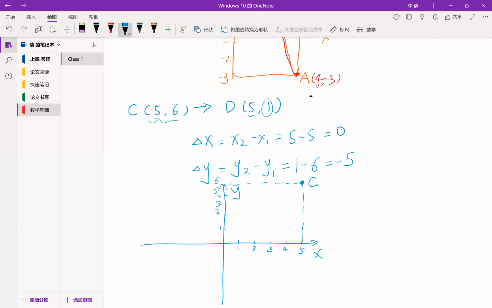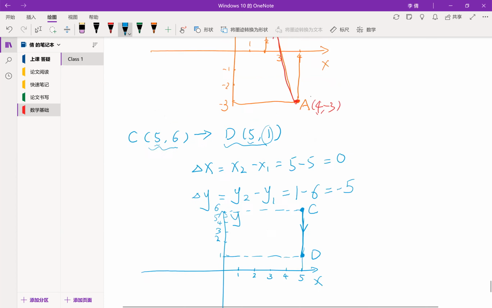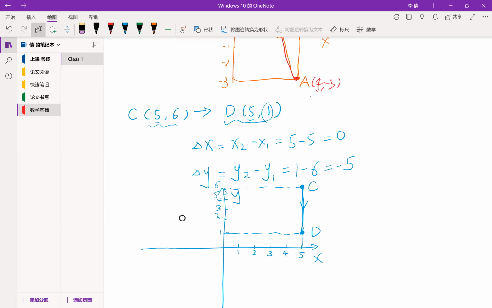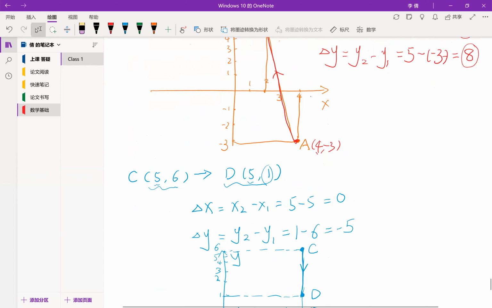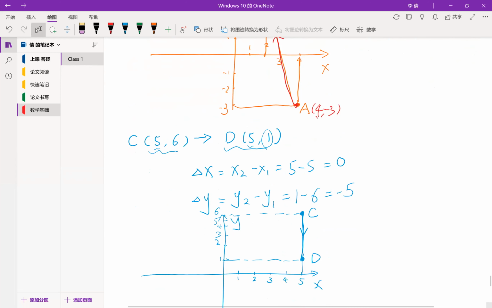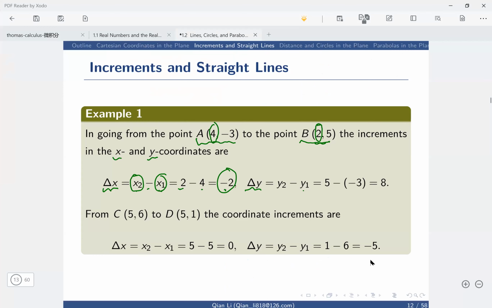And the point D is (5, 1). So this point is point D, and the particle moves from C to D. This is a picture for the second example, and this is the increment of the point.